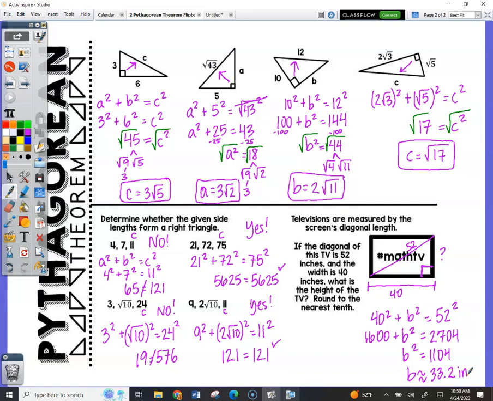Then I want you to find a partner, and if you can't find one, I'm going to pick one for you. Find a partner and designate which column you're going to answer. So find a partner and assign the columns, like I'm going to do A, you do B. And then you have 10 practice problems to complete, and you're going to check your answers with your partners at the beginning of class tomorrow.